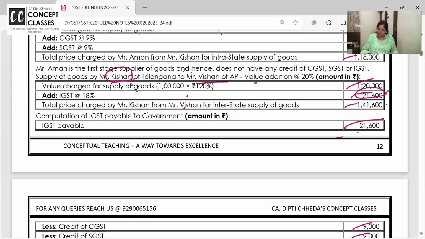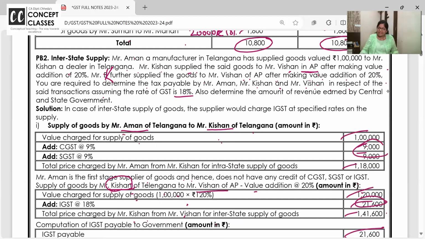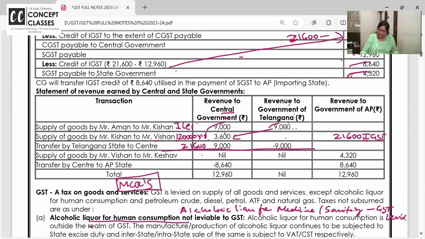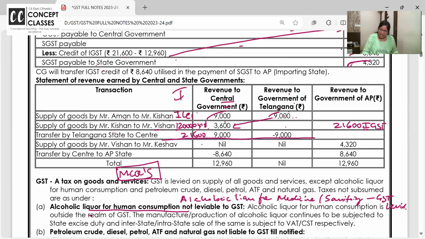Look, first it was CGST and SGST. Now it is IGST. We have done till here 21,600. Finally, who should get 21,600? IGST, central government. So this was closed.